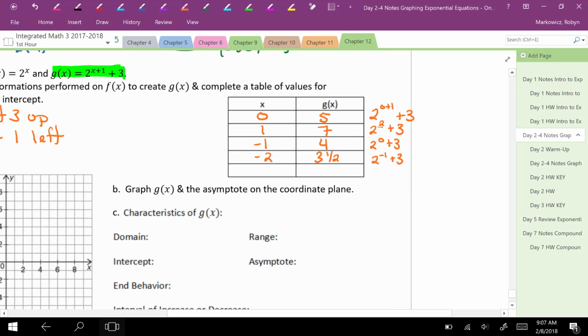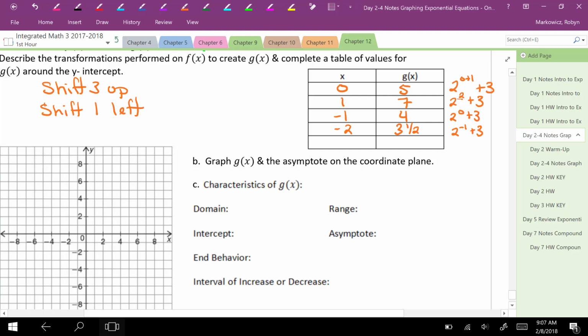All right, let's go ahead and plot these points here. We have 0, 5. We have 1, 7. They're not in numerical order. That kind of drives me nuts, but that's okay. Negative 1, 4. And negative 2, 3 and a half. Since we know we are shifting up 3, what line can I not pass?